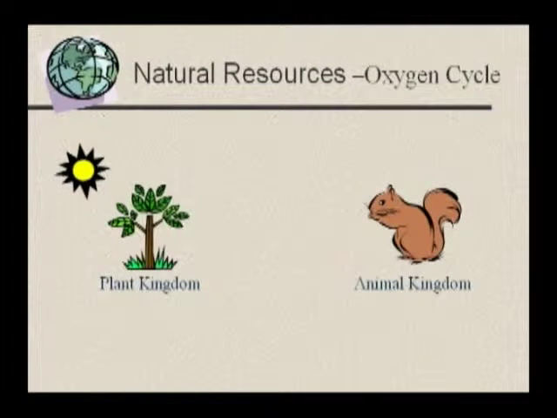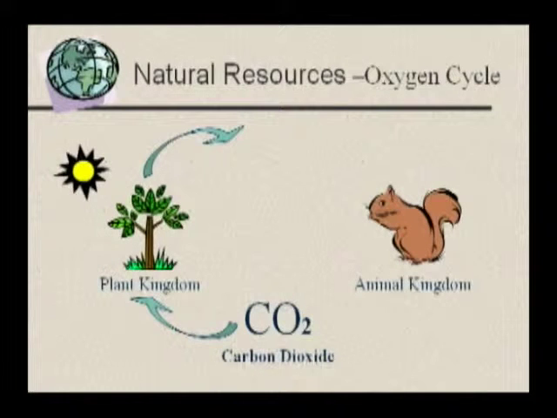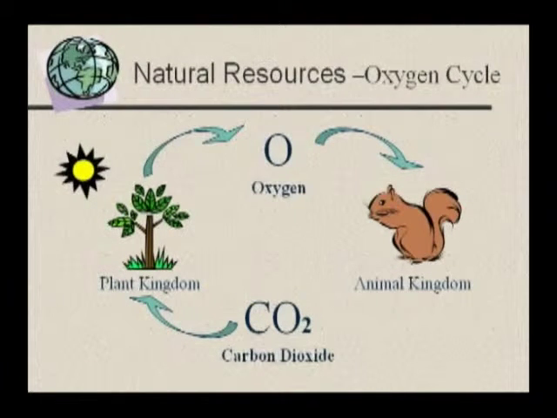Another cycle that most people are familiar with is the oxygen cycle. Again, powered by the sun. The plant kingdom will bring in carbon dioxide, what is called sequestering the carbon in its stems and leaves and its fruit, and gives off oxygen. That oxygen, in turn, is breathed in by the animal kingdom.